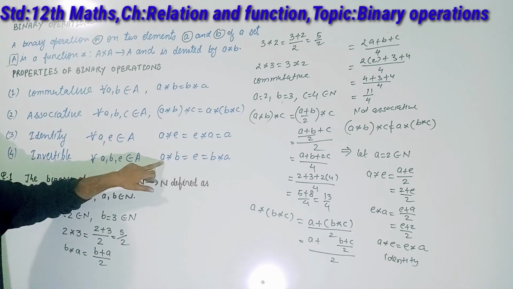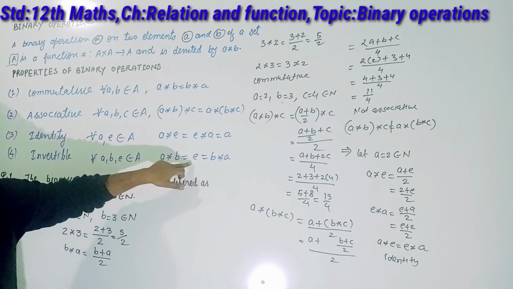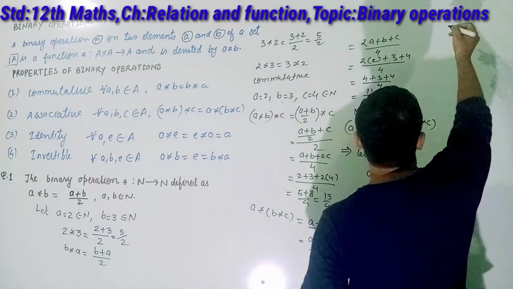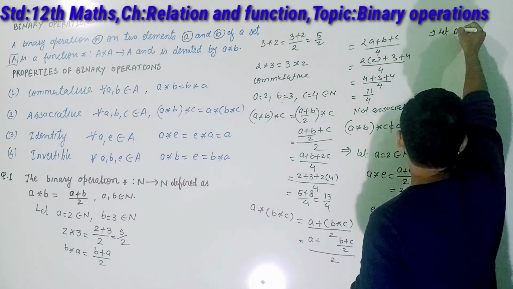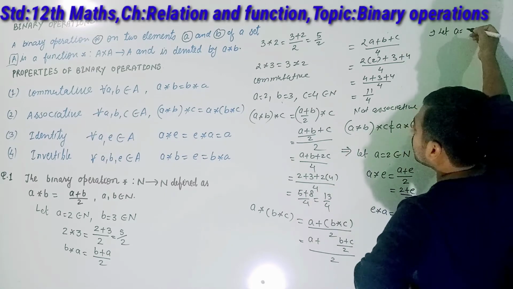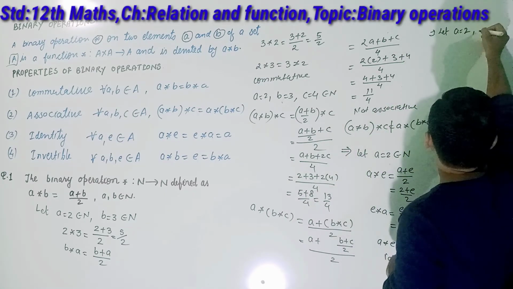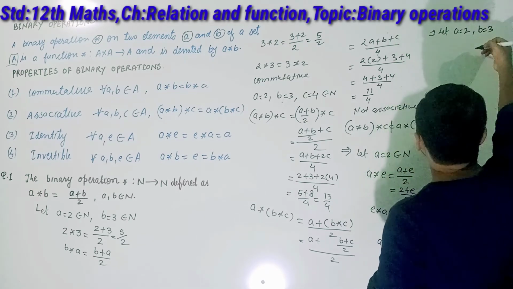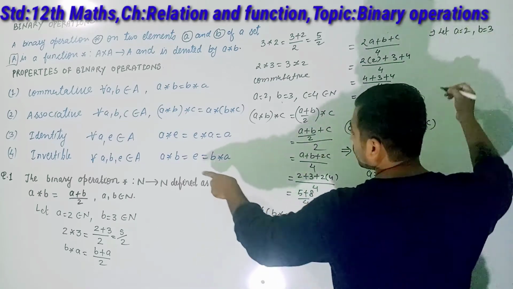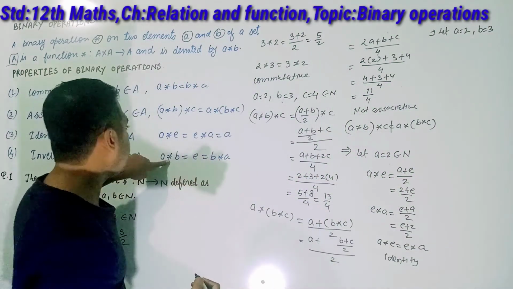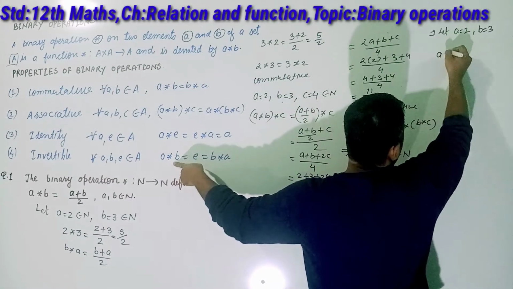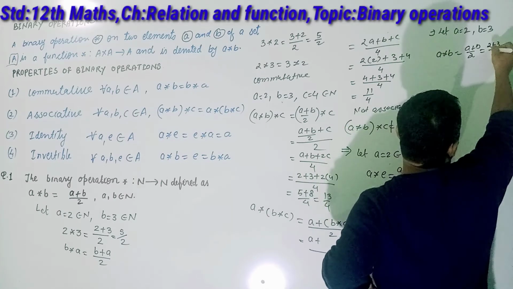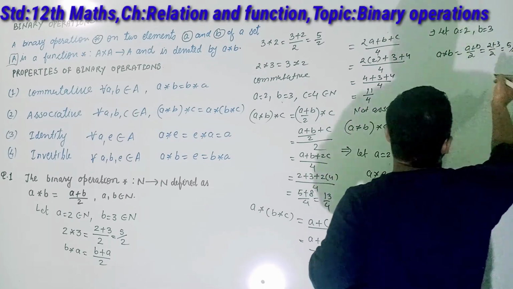Now we will check invertibility. What we will check? That a star b is equal to e is equal to b star a. Now let us consider a is equal to 2 and b is equal to 3, right students? According to this expression a star b gives (a plus b) by 2, so (2 plus 3) by 2, 5 by 2.